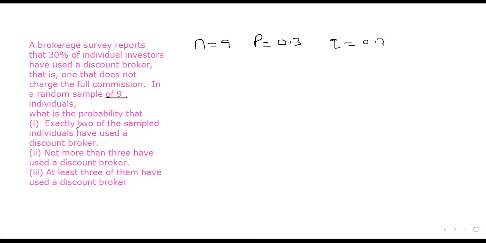So part 1, exactly 2. This is 9 combination 2. Where there's p, we put 0.3. Where there's q, put 0.7. The 2 comes here, and 9 minus 2 is 7. What is 9 combination 2?